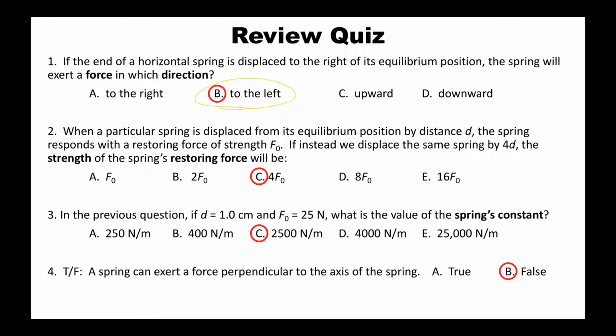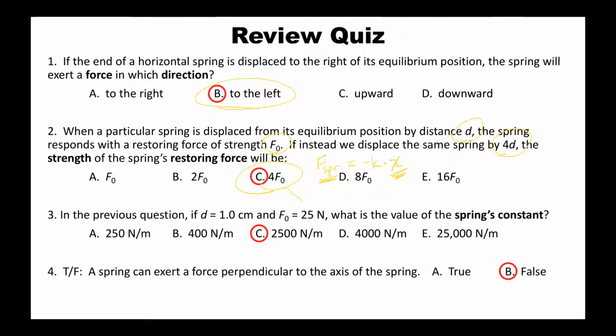When a spring is displaced by a certain distance d and has a restoring force F0, then if we quadruple d, what will the restoring force be? It'll be 4 times as large. And we know this from Hooke's law, right? Hooke's law says that the strength of the restoring force is directly proportional to the amount of the displacement. So if you quadruple the displacement, you quadruple the restoring force.